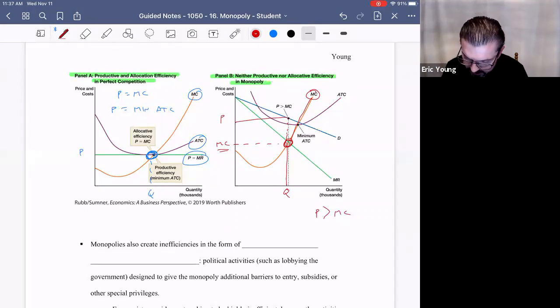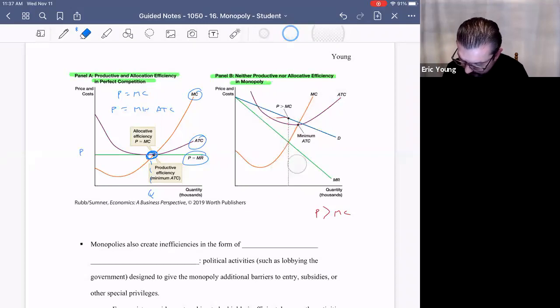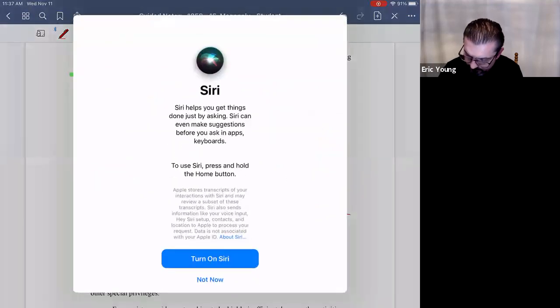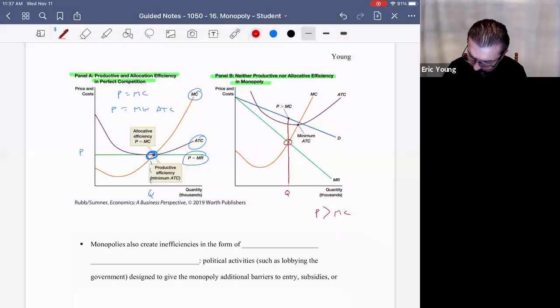Additionally, we know, let's clean this up a little bit. Additionally, we know, again, MR equals MC here. So this is the Q. We go up. This is the price.